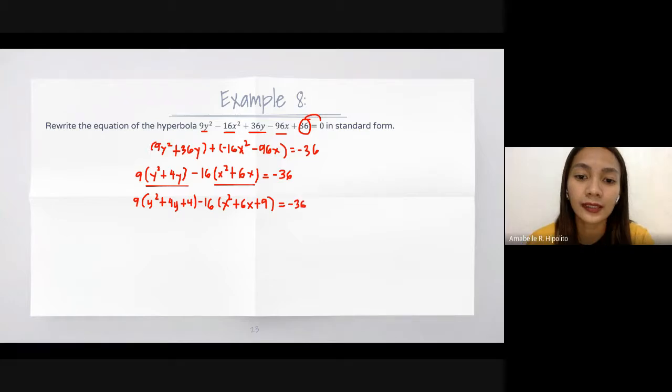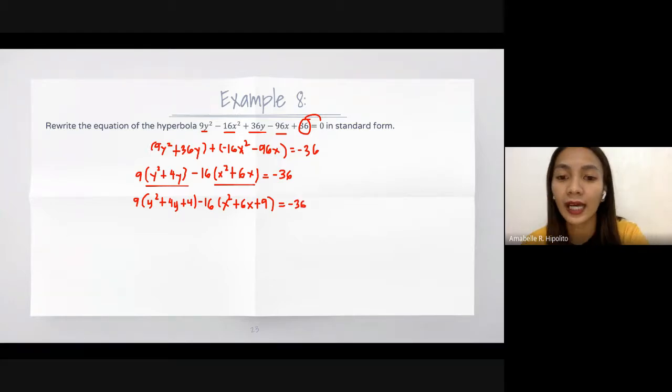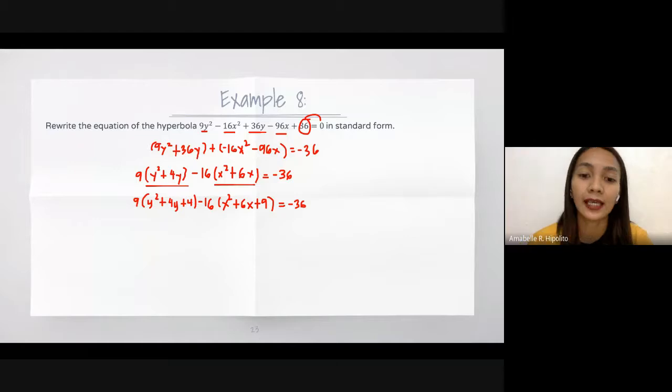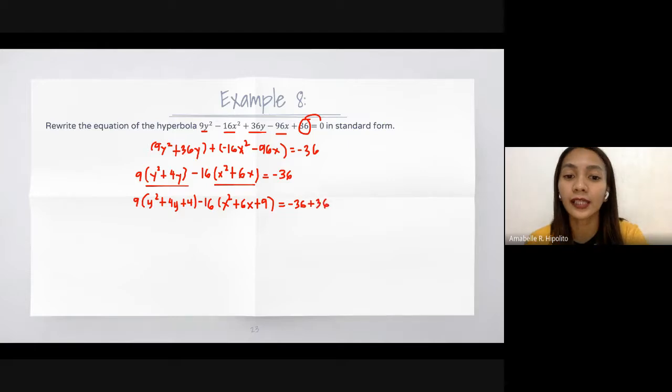Since nag-add tayo dito pareho, mag-a-add din po tayo sa kabila to balance. So, we're going to multiply since meron tayong numerical coefficient sa labas, i-multiply po natin dito sa in-add natin sa loob. So, 9 times 4 is positive 36. So, mag-a-add tayo ng 36. And then negative 16 times 9 is negative 144.